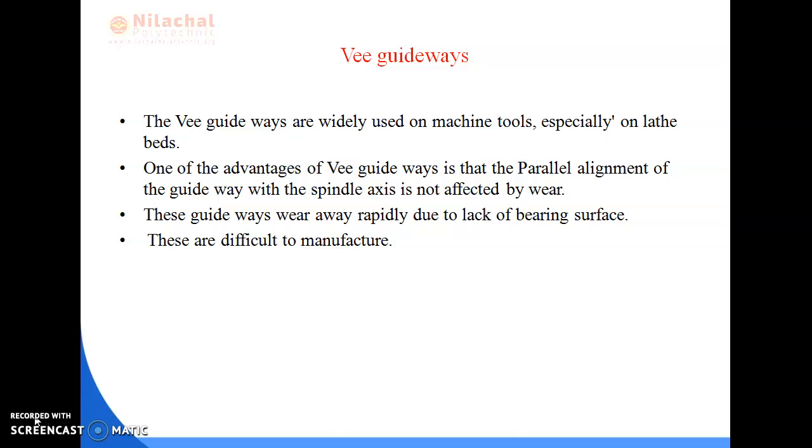The guideways wear away rapidly due to lack of bearing surface. Here no bearing surface will be provided, so more friction will be created, so there is a chance of wearing out of the guideway. These are difficult to manufacture.